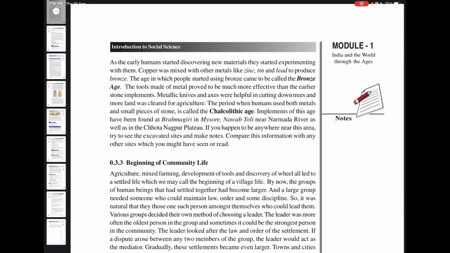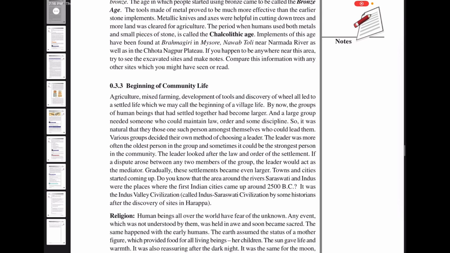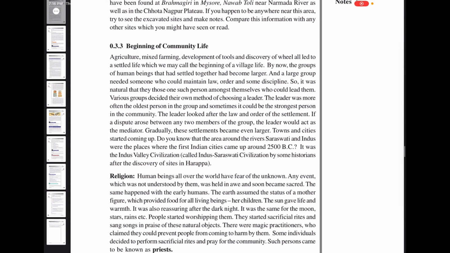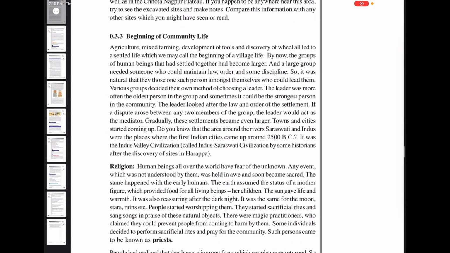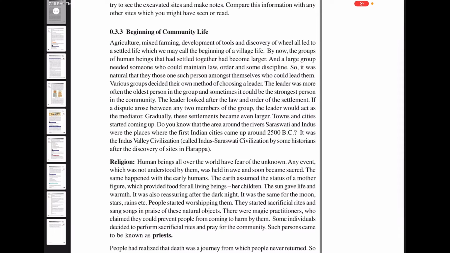Implements of this age have been found in Brahmagiri in Mysore, Nawab Toli near the Narmada River, as well as in the Chota Nagpur Plateau. If you happen to be anywhere near this area, try to see the excavated sites and make notes. Compare this information with any other sites which you might have seen or read.